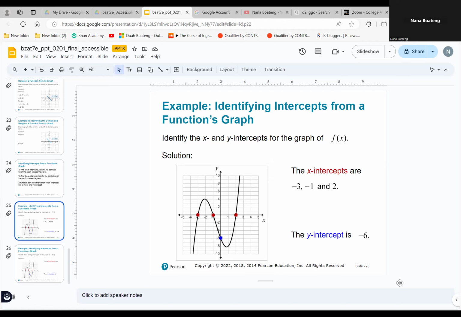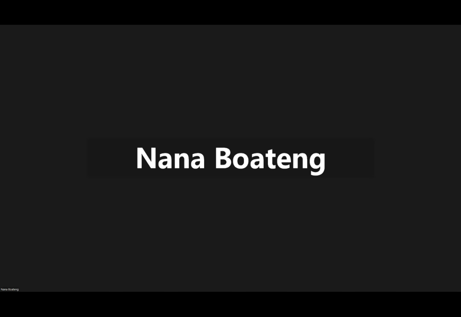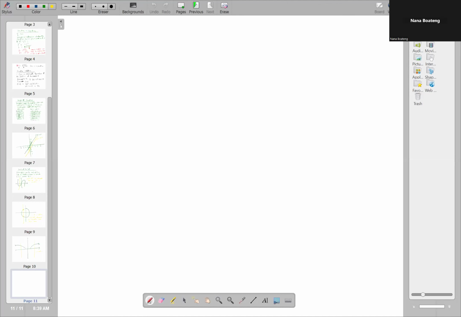Let's look at another example where we evaluate a function given certain x values. Let's call this example 4b.